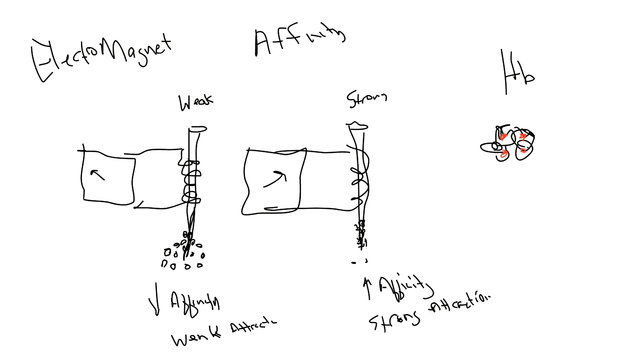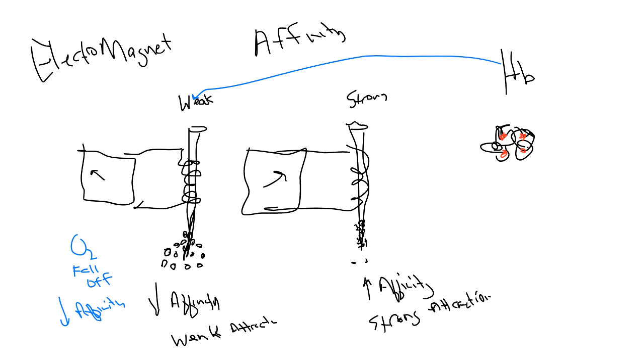So sometimes hemoglobin acts like this, and what's going to happen is the oxygen is going to fall off. In other words, hemoglobin has a low affinity for oxygen. Doesn't really like it that much right now.